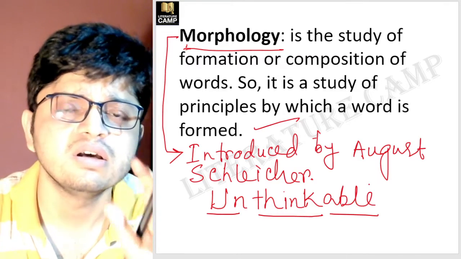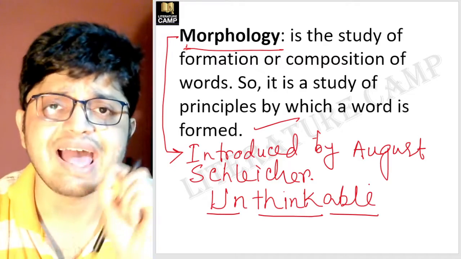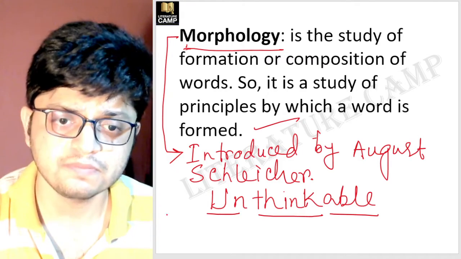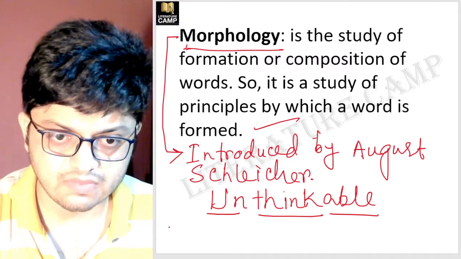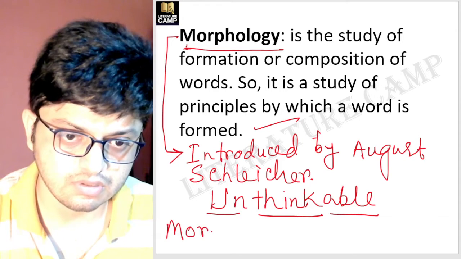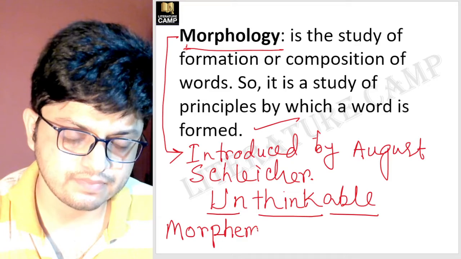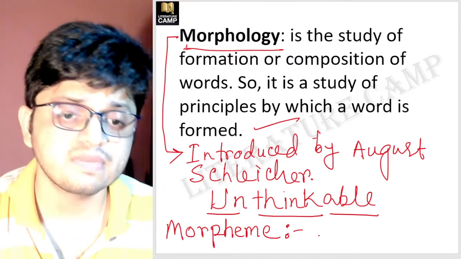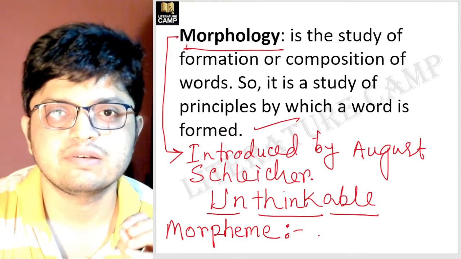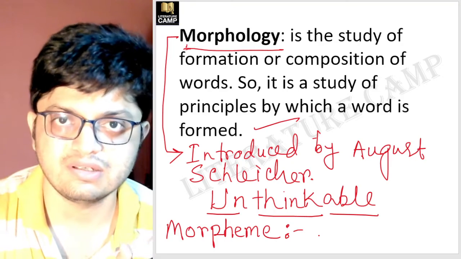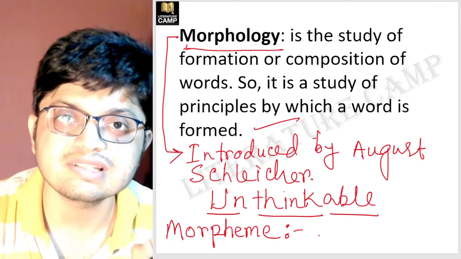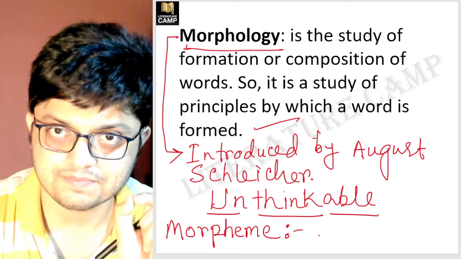That is called morphology. There is another concept we need to know, that is morphemes. What is morpheme? Morpheme is the smallest unit of a word which has meaning.